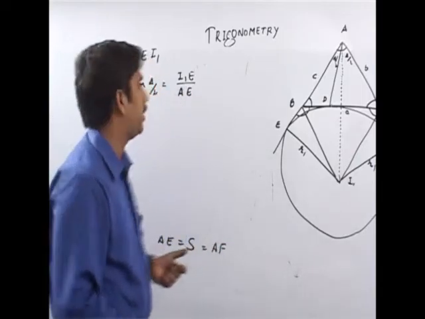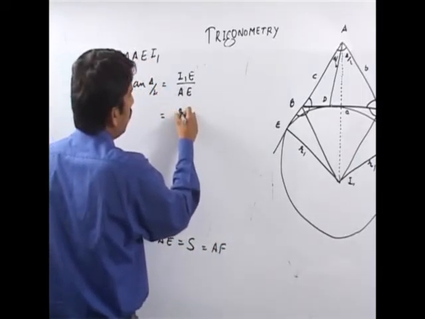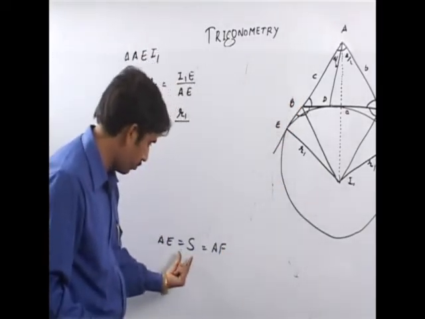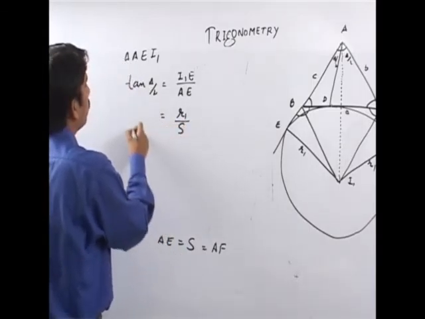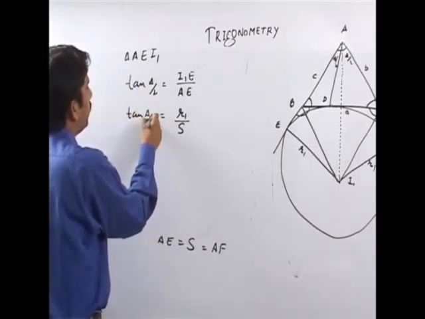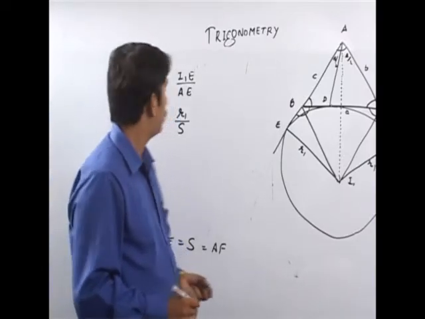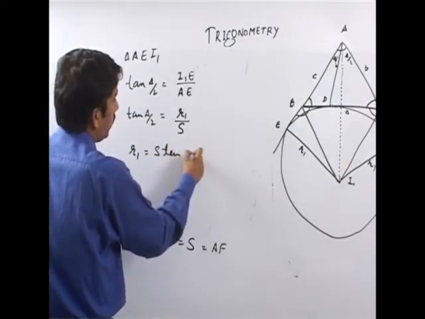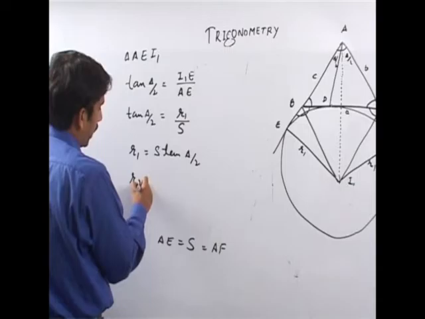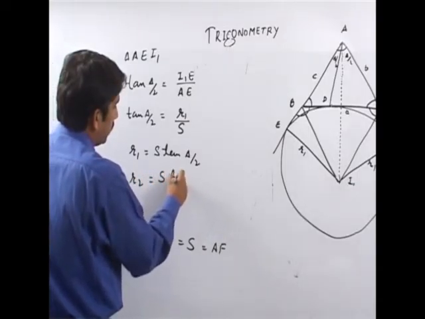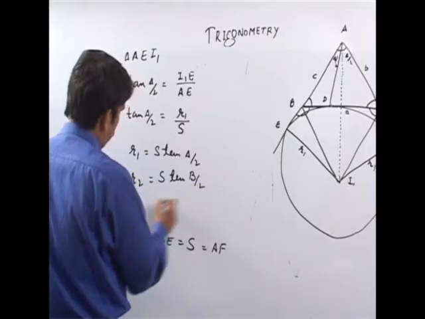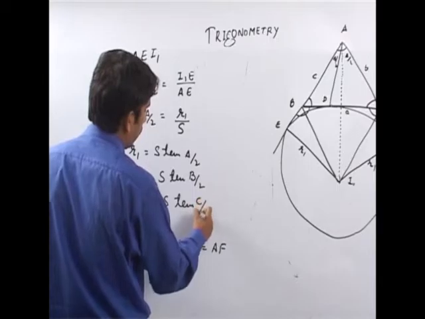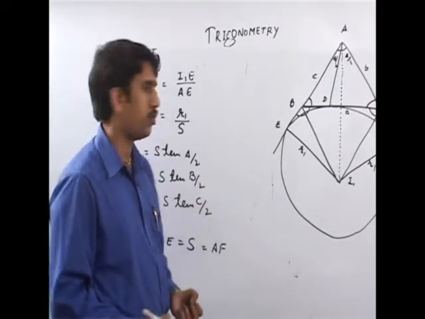Now I1E is equal to R1, and AE, which we have proved, is equal to S. So R1 is equal to S tan A by 2. Similarly, you can prove that R2 is S tan B by 2 and R3 is equal to S tan C by 2. I hope this will be clear to you.